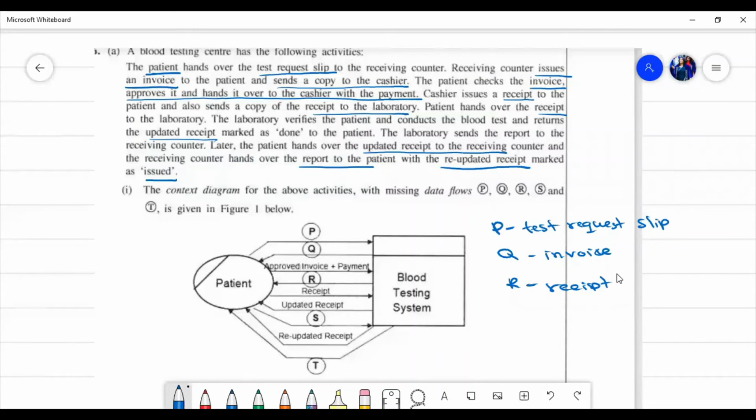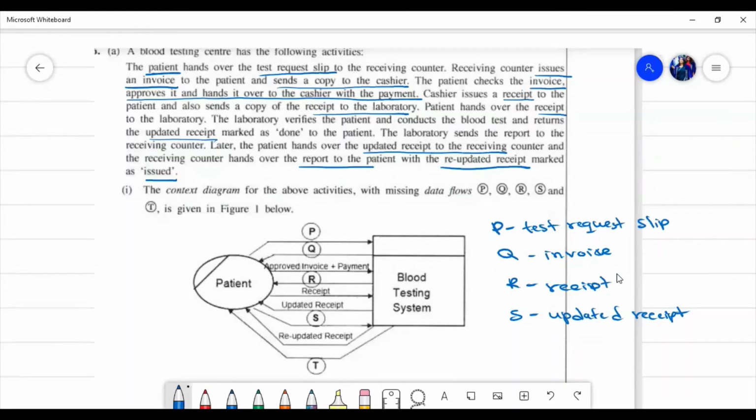We need to find S. Now the updated receipt is with the patient. The laboratory sends the report to the receiving counter. Later, the patient hands over the updated receipt, so again we have to give the updated receipt to the receiving counter.